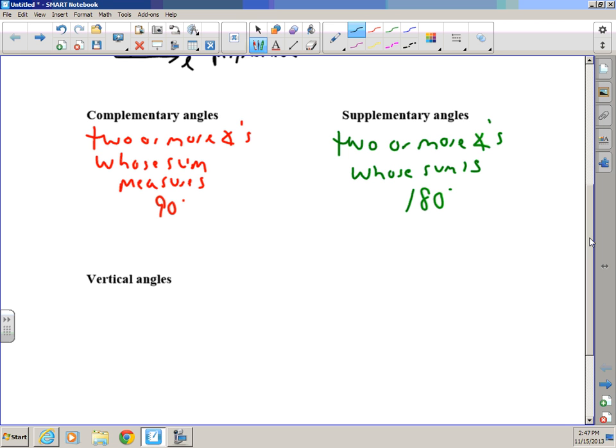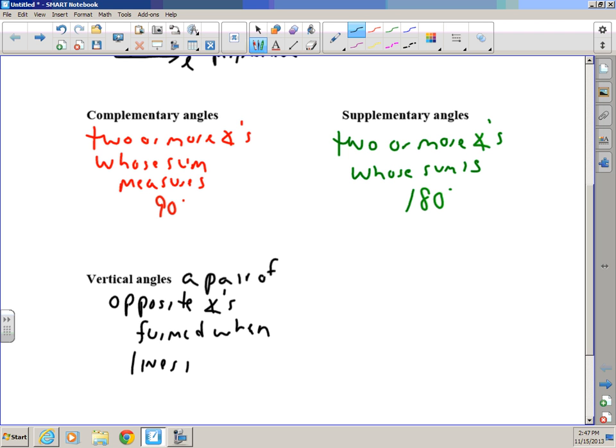Vertical angles are a pair of opposite angles formed when lines intersect.